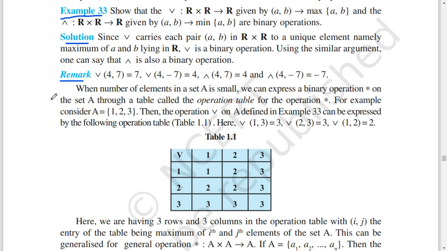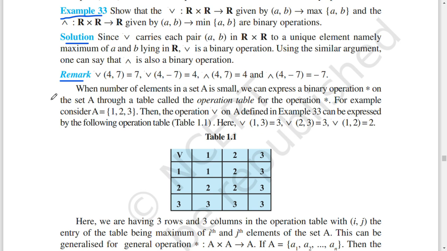When the number of elements in a set A is small, we can express a binary operation * on the set A through a table called the operation table for the operation *. For example, consider A = {1, 2, 3}, then the operation OR on A defined in Example 33 can be expressed by the following operation table.